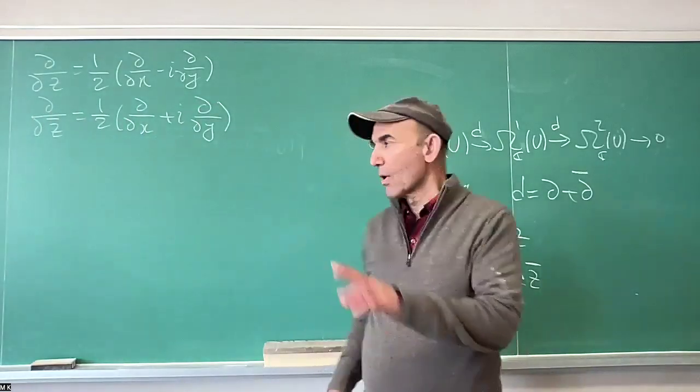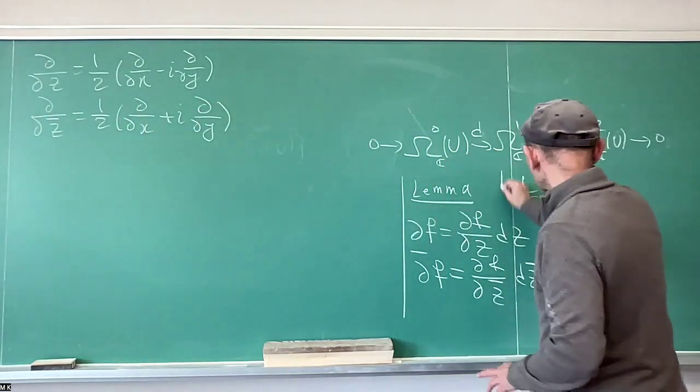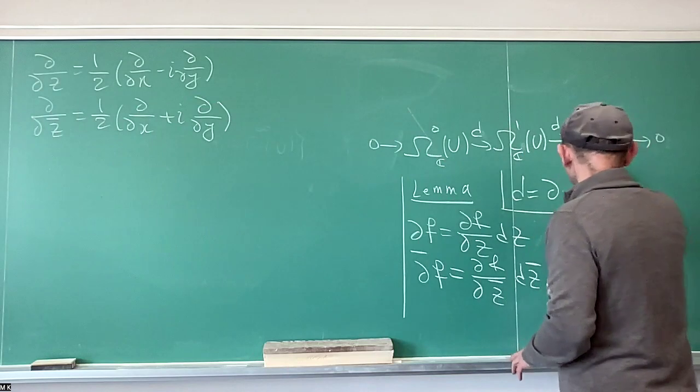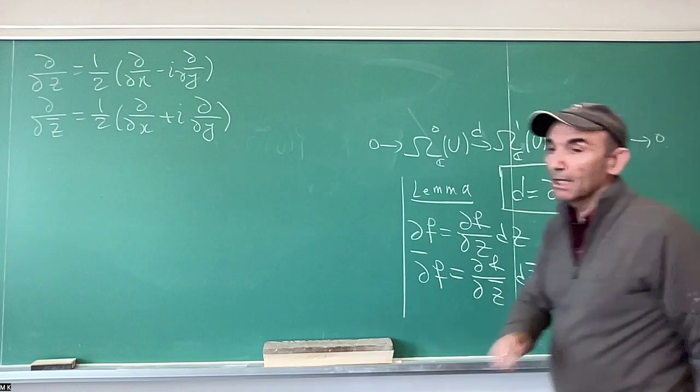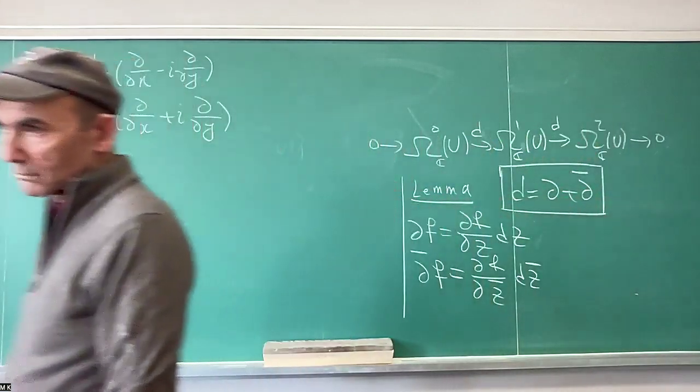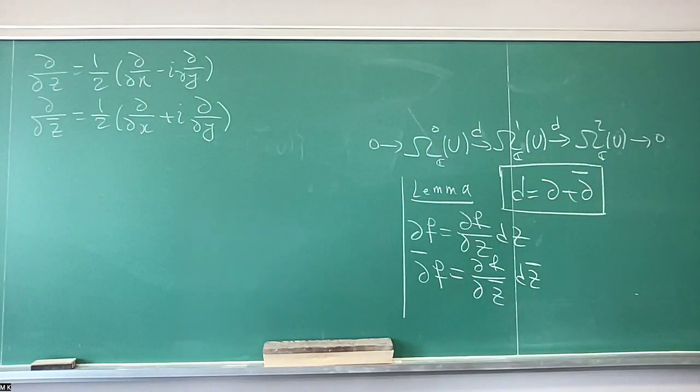Sorry, is this d over dz equivalent to the definition of complex differentiation? Exactly the same. It's exactly the same. Yes, you can write it that way. Yes, exactly. Okay.